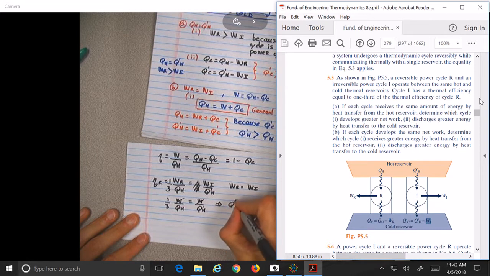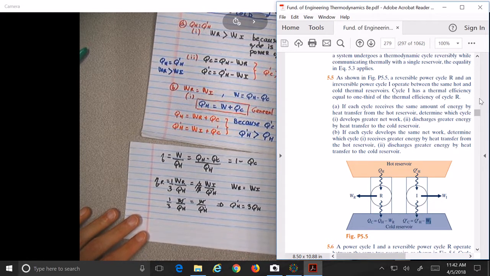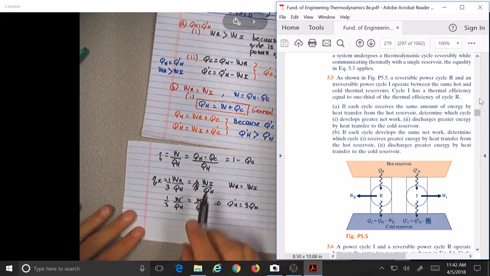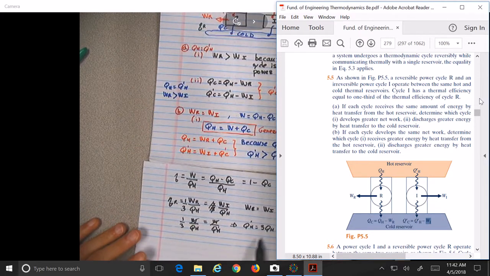Q prime H equal to 3QH, no? Basically we get the same conclusion as the one before, but I kind of proved it out here, no?